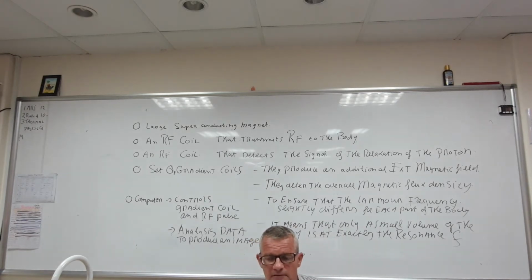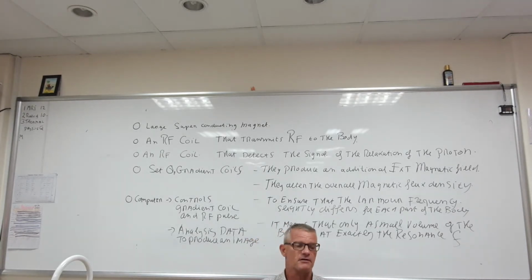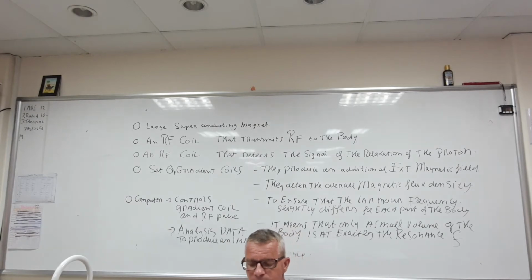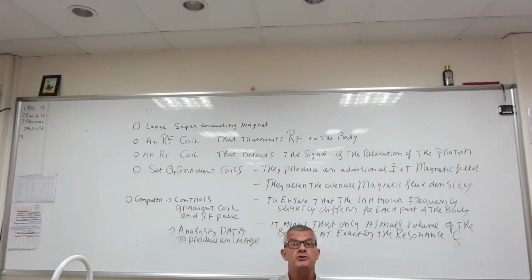Now, what are some advantages and disadvantages of MRI? First of all, a big advantage of MRI is that it's not using ionizing radiation, so no hazard to staff or patient. There are actually no moving parts, only a change in the current and the magnetic field.